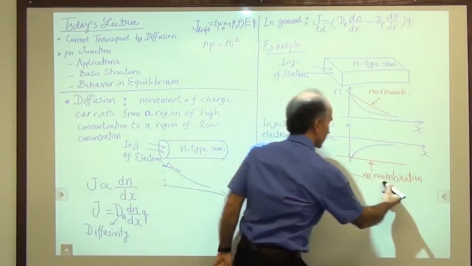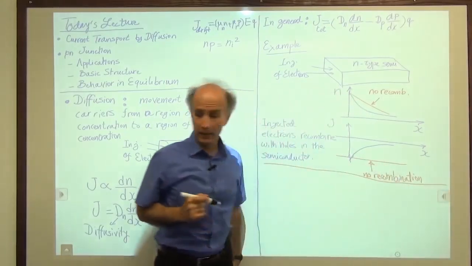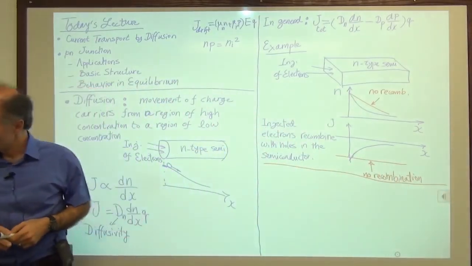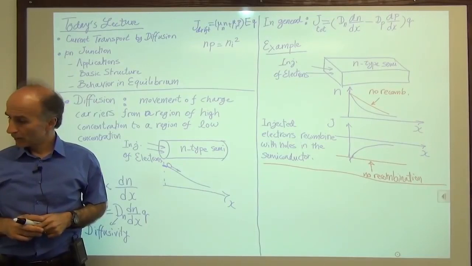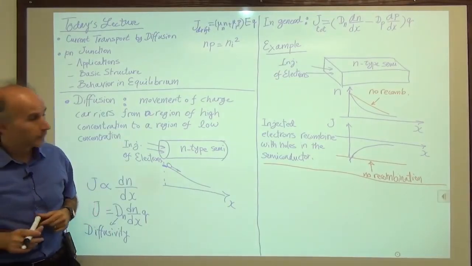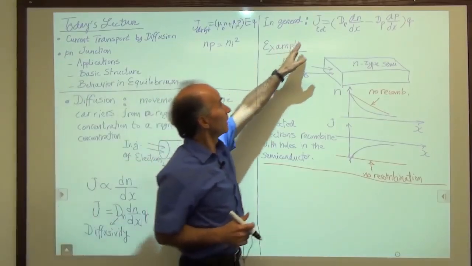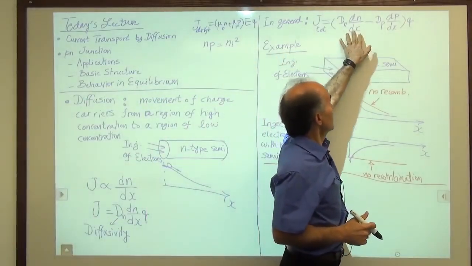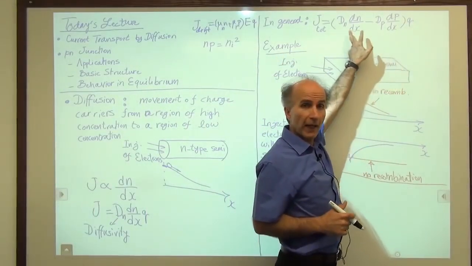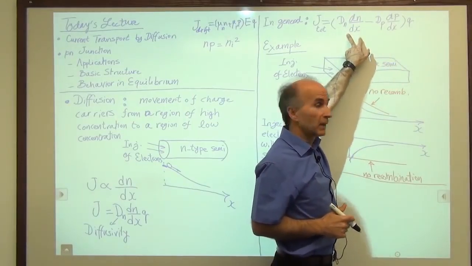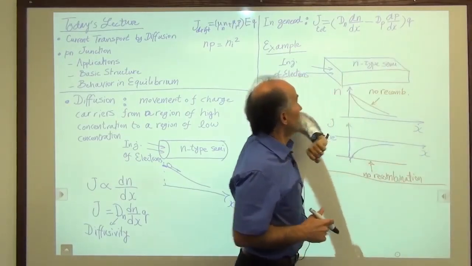All right, very good. Let's move on, and let me mention a few more concepts. We saw that the diffusion of carriers is characterized by this equation, and we have electron diffusivity and hole diffusivity in there.